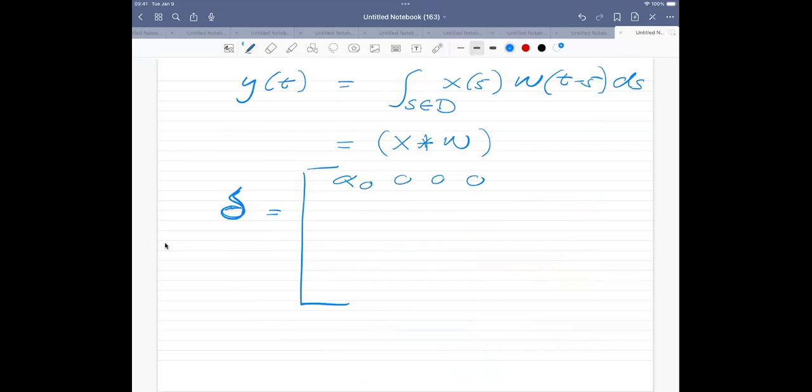So I should have 5 rows and 4 columns. And this is why I'm setting it up like this. So I'm going to have an alpha 1, alpha 0, 0, 0. And then I have an alpha 2, alpha 1, alpha 0, 0. And then comes alpha 2, alpha 1, alpha 0. And then 0, 0, 0. And then I have an alpha 2 here.